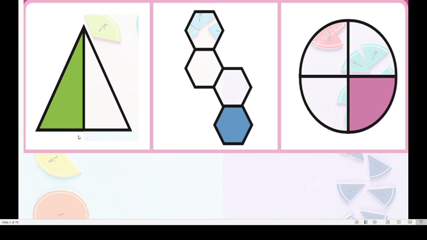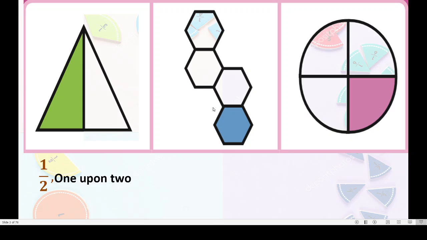So we will write this in fractional form, that is 1/2. How to read? 1/2, isn't it? Because total parts are 2 and one part is shaded.